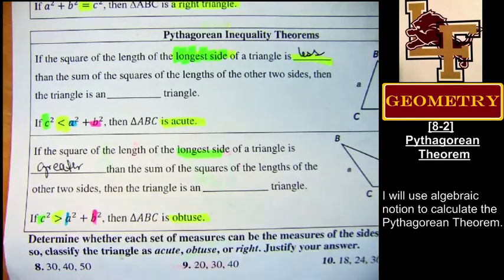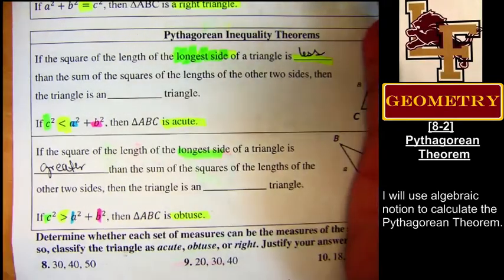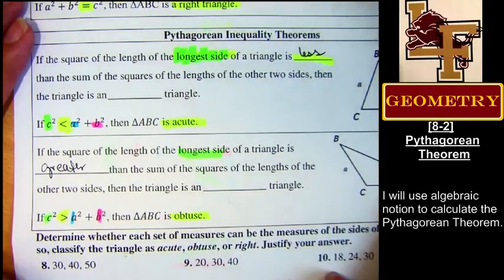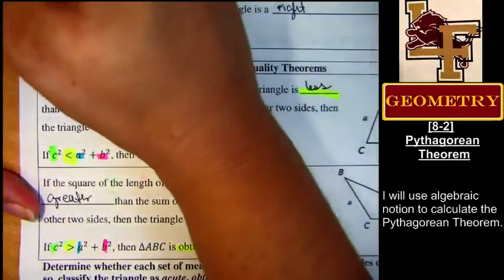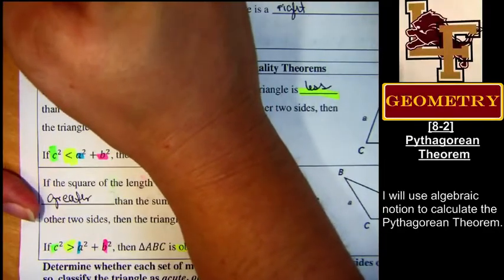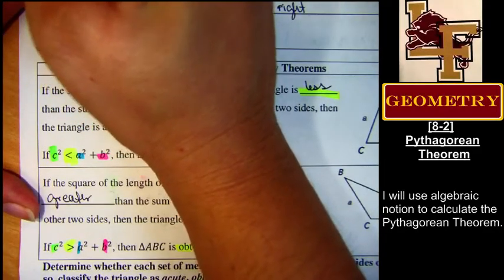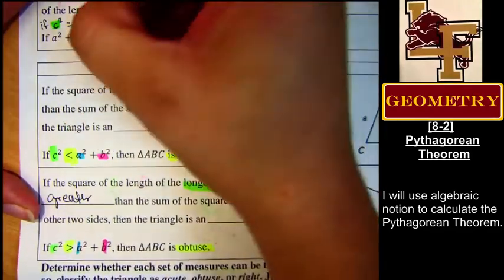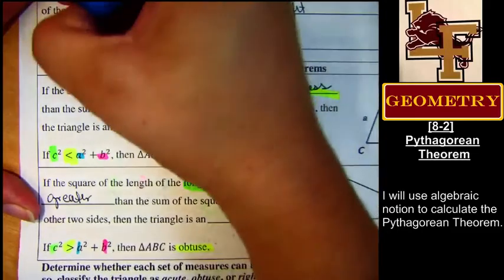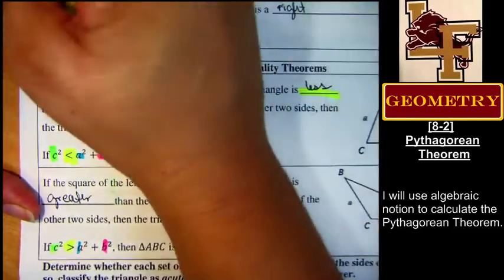Once we've figured out what symbol goes in there, we can come up to these inequality theorems and just match up to what we have and be like, aha, it's this one. I'm going to rewrite this top one so it's in the same format as this: c squared is equal to a squared plus b squared, just so it'll look the same as all the others.